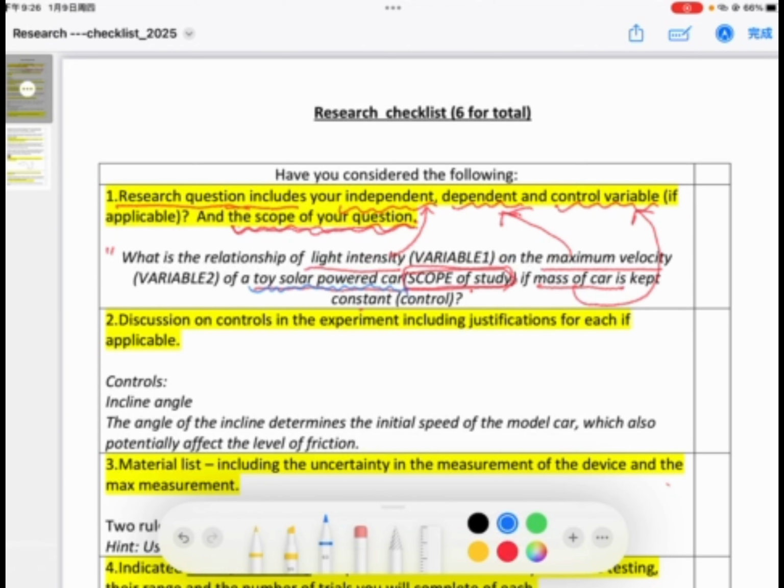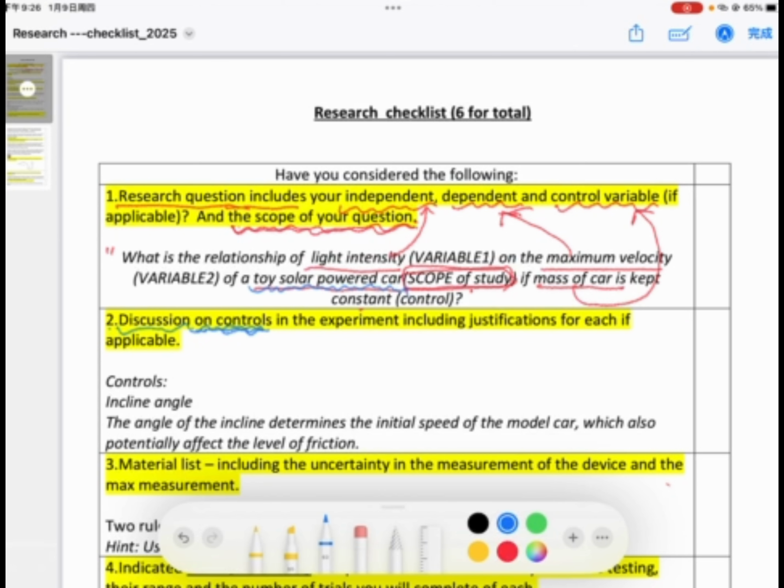Now the second one: after you have all the variables stated, of course you need to take some time to discuss the control variables, right?